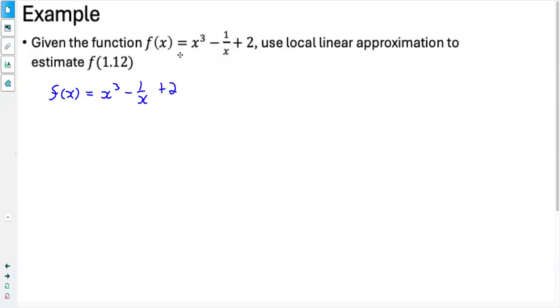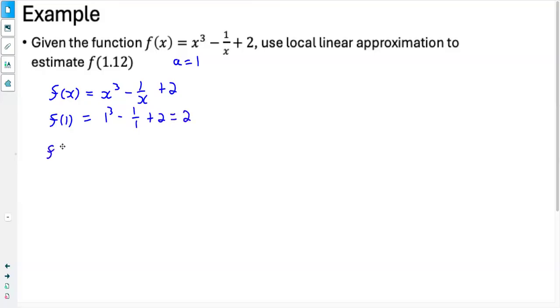Now in this case, the a value that we'd probably use would be 1. So we've got f of 1 is equal to 1 cubed minus 1 over 1 plus 2. That'd be 1 minus 1 plus 2, which gives us 2. So we know f of 1 is 2.